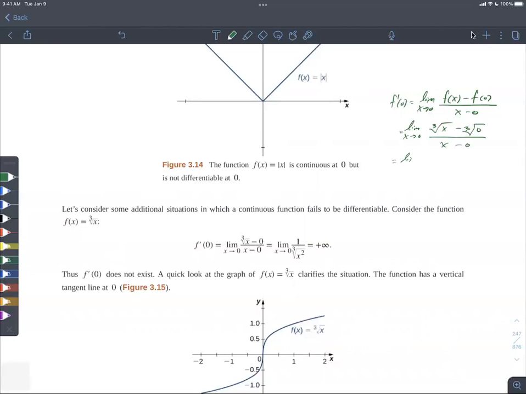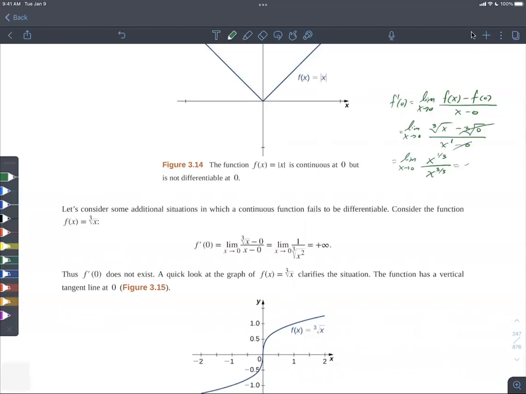So how can we write this? The cube root of x can be written as x to the 1/3. The cube root of 0 is just 0, and in the denominator we have x to the 1, which we can write as x to the 3/3.